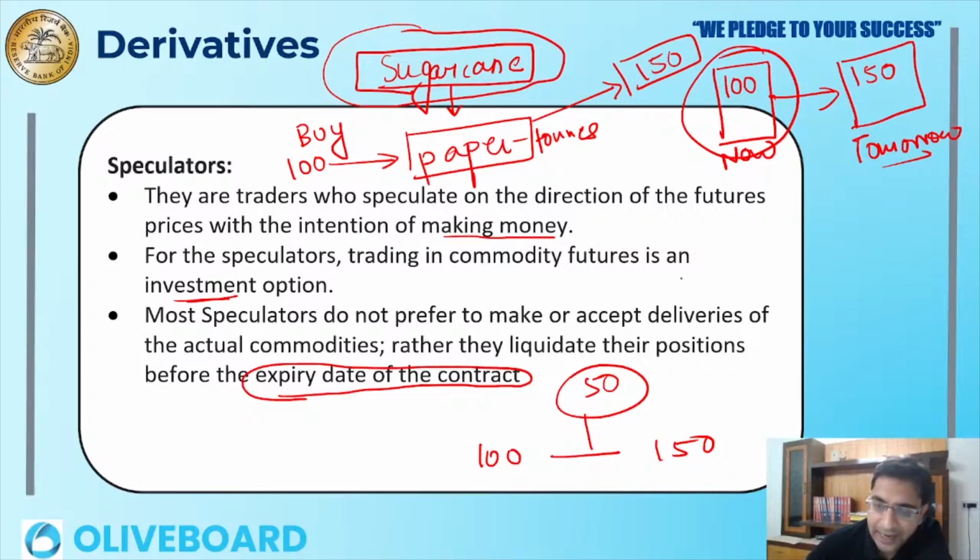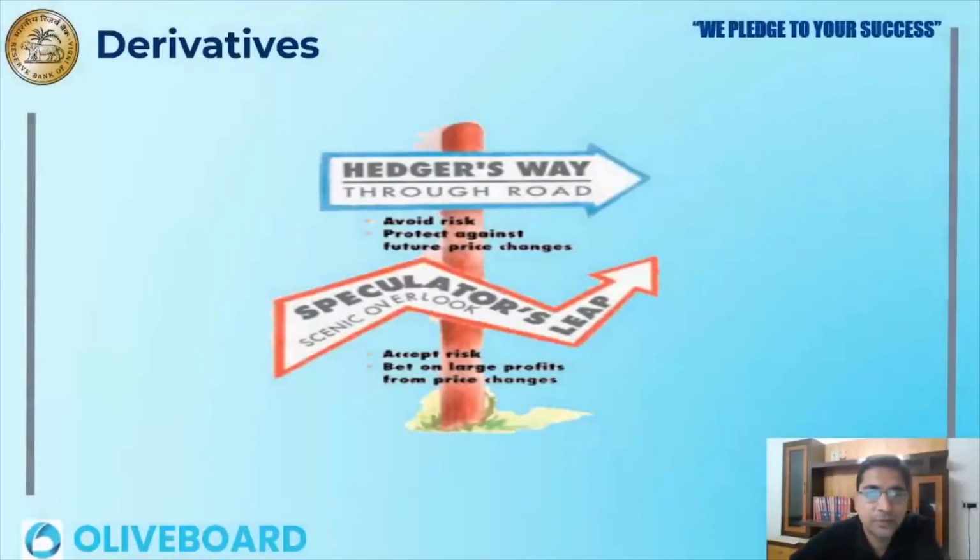In the end, the commodity will be taken by the person who is holding that paper at the date of expiry of that contract. That person will be taking the delivery. Now comes the hedgers' way. What do hedgers think?